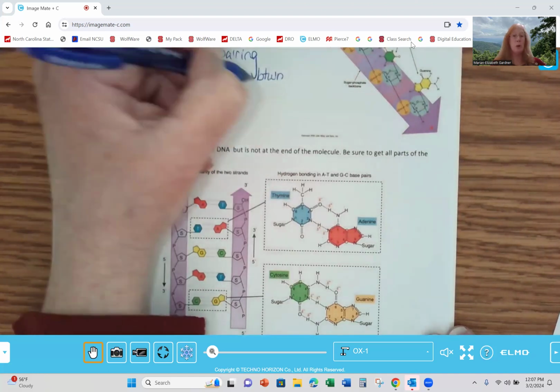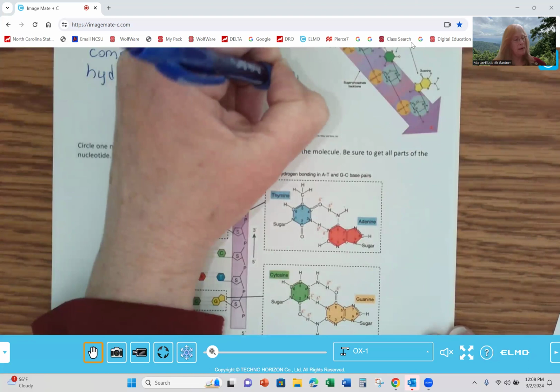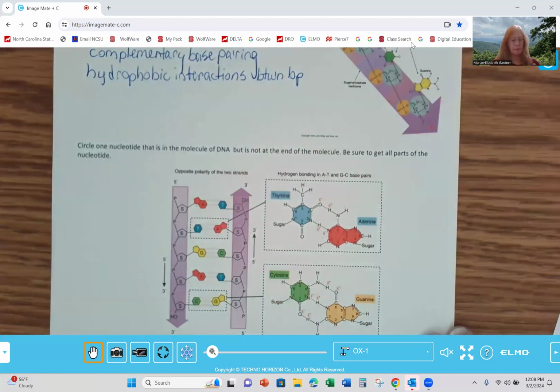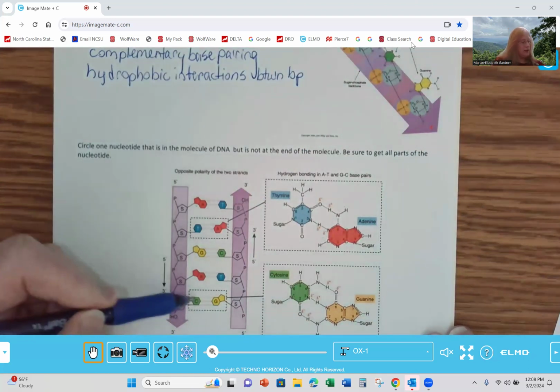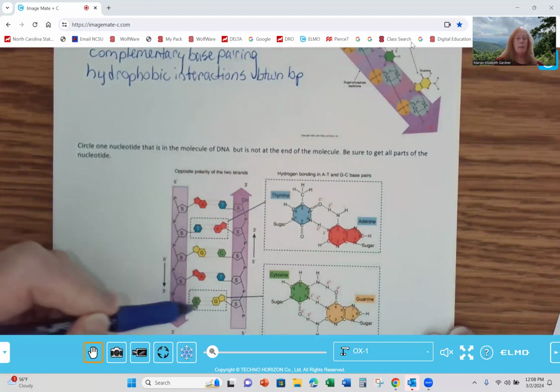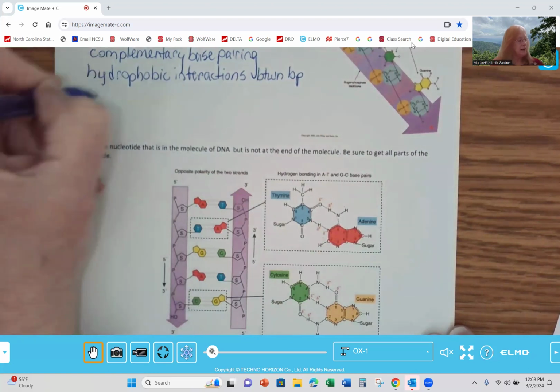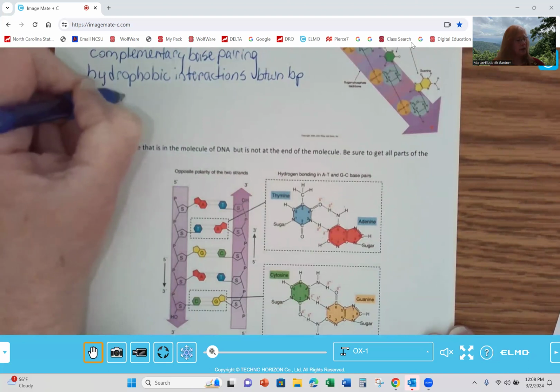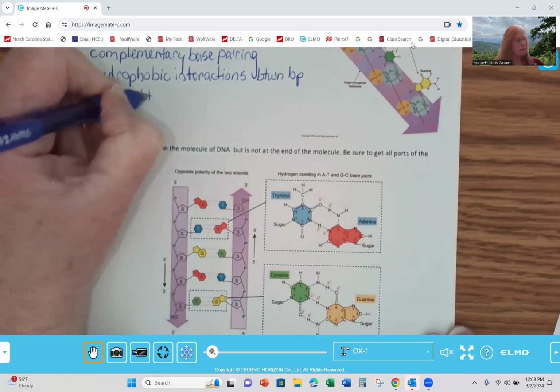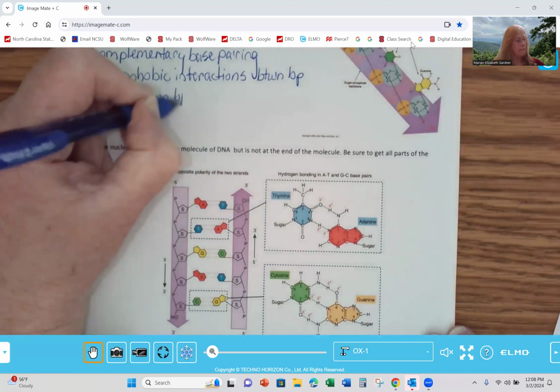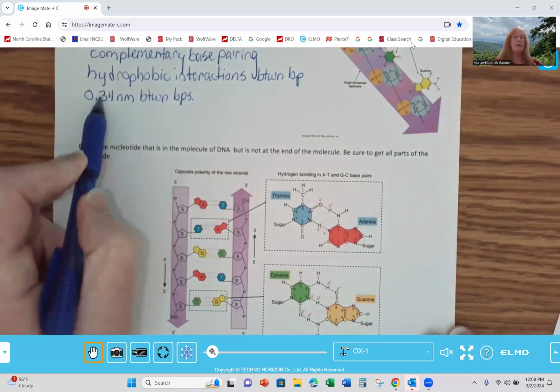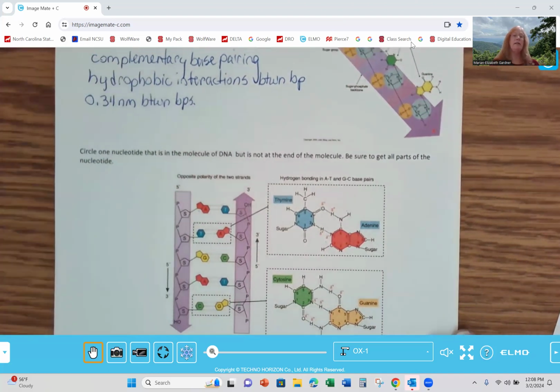So that says between BP, for base pairs. If we look at the distance between one base pair and the next, that distance is 0.34 nanometers. So 0.34 nanometers between base pairs.